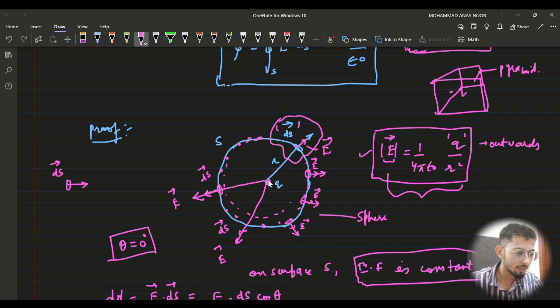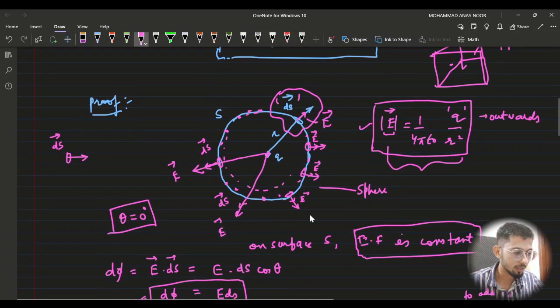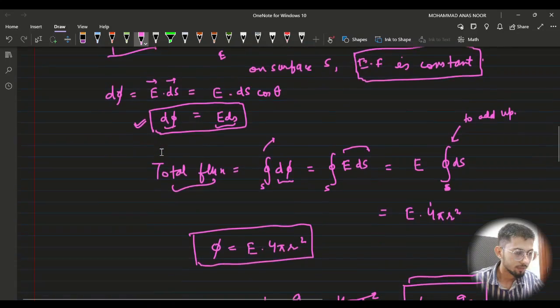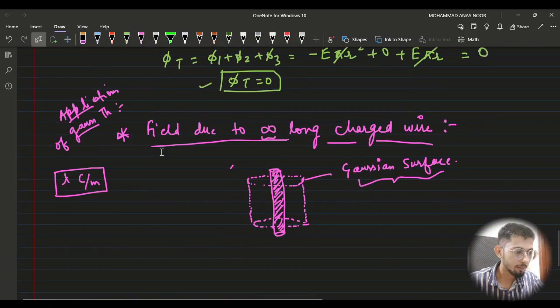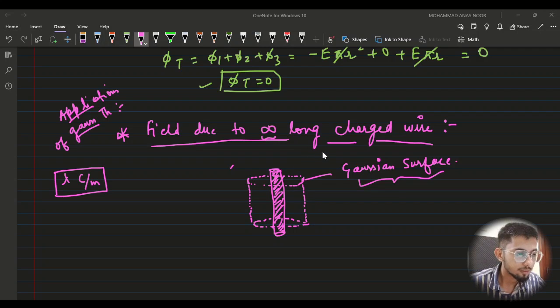Why did we draw this spherical? We wanted the electric field to be in the direction of dS and constant everywhere. Only then does this theorem come in handy to us. Otherwise it is very difficult. We want to find symmetries in life. So here we also draw the Gaussian surface so that it is symmetrical.